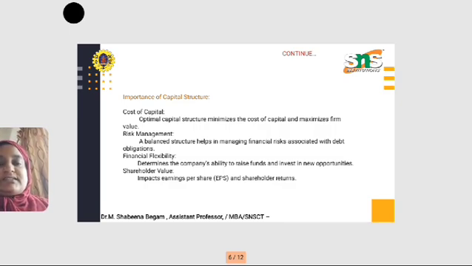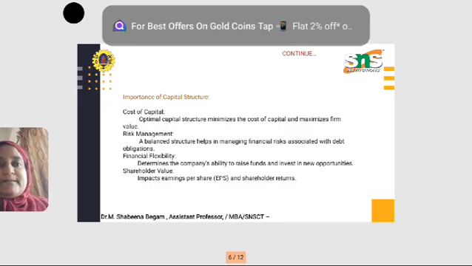Then financial flexibility: he could determine the company's ability to raise funds and invest in an opportunity rather than getting defaulted orders and getting a black mark. He could see the financial flexibility and determine his position in the market. Then shareholder value: the impact on earnings per share and shareholders' return has to be planned properly.